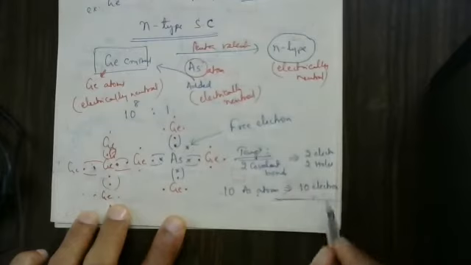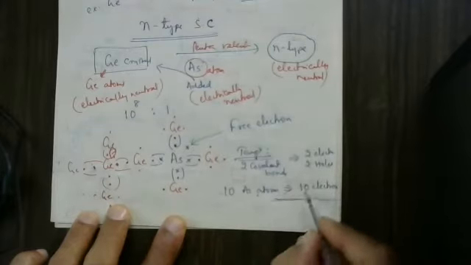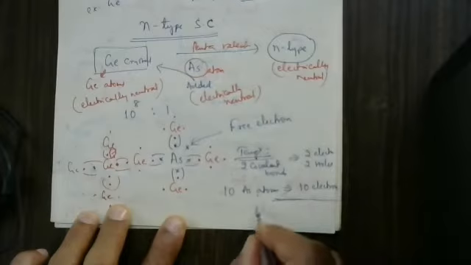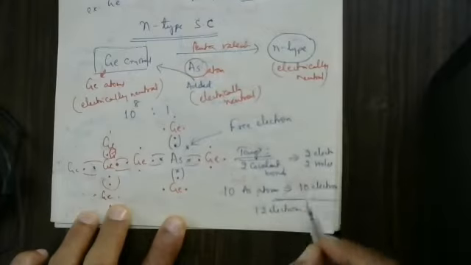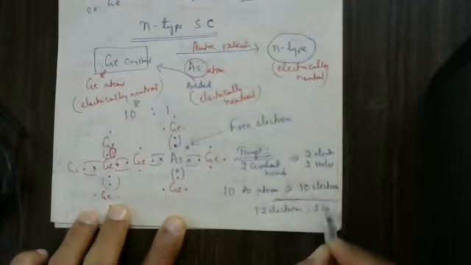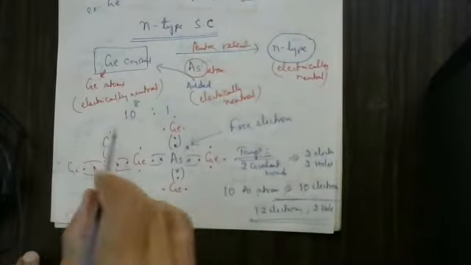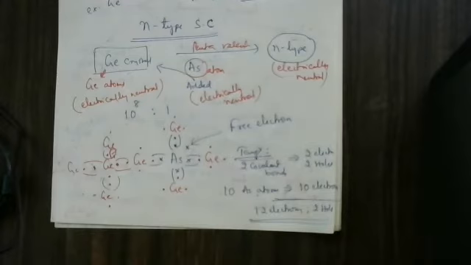Therefore, altogether we have 10 plus 2, 12 electrons, and we have 2 holes. So this N-type semiconductor contains 12 free electrons and 2 holes, the positive charge.